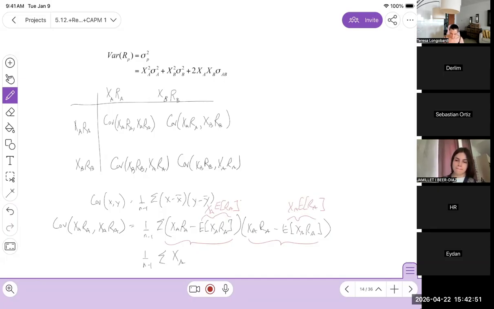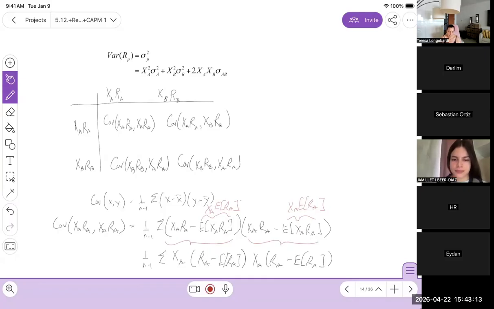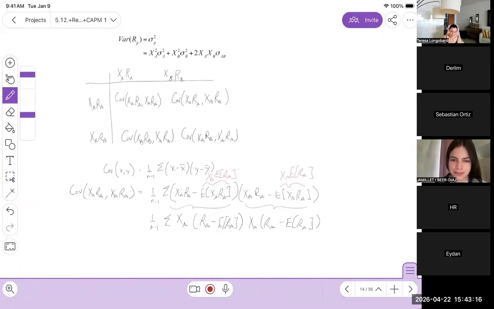So if I remove XA from both parts, this leaves me RA minus E of RA. And the same thing happens here. How can I group my terms? And what do I get? And what is that?